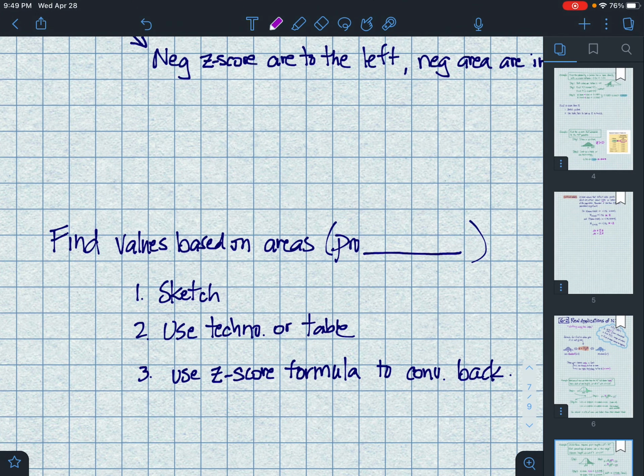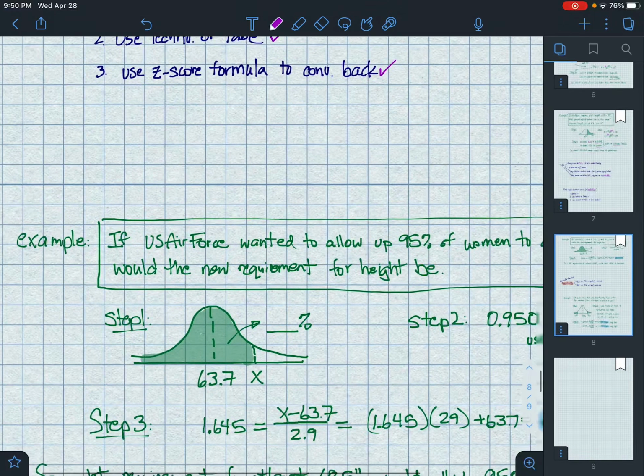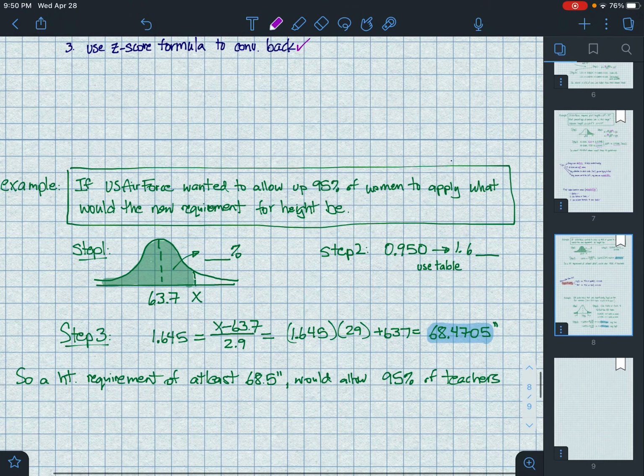Now, if we're going the other way, that is, you're finding the values based on the areas, aka the probability, still sketch, use the technology or the table, and then use your z-score formula to convert back. So a couple of examples here.